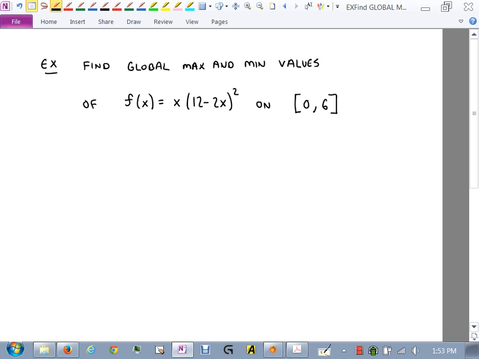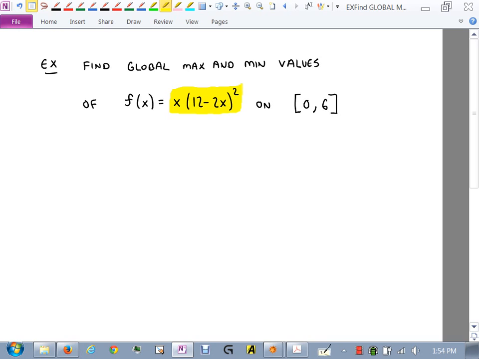All right, global max and min values of this function. So the first thing I'm going to look at is the function itself. What I need for this to work is I need this to be what? Continuous. Is it? Why? Because it just looks good.